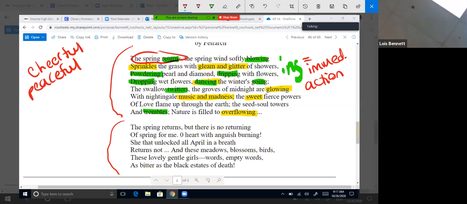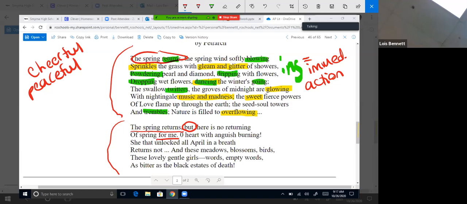The spring is returning. That gets repeated at the beginning of the sestet, but then we have a but. There is no returning of spring for me. Oh, heart with anguish burning, she that unlocked all April in a breath returns not.